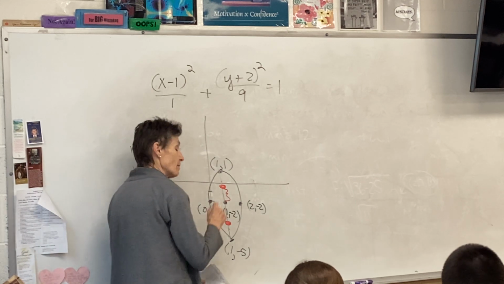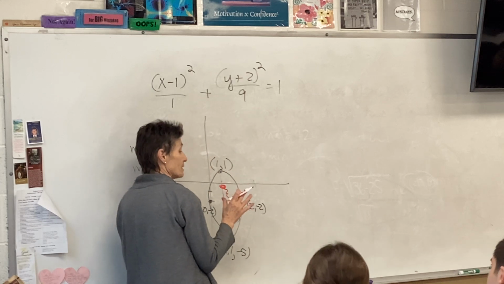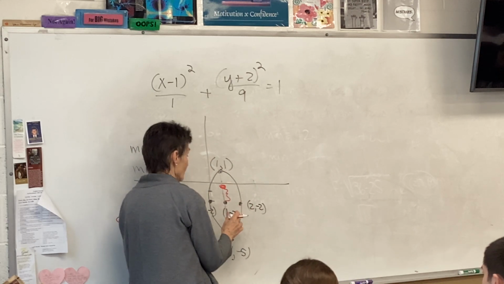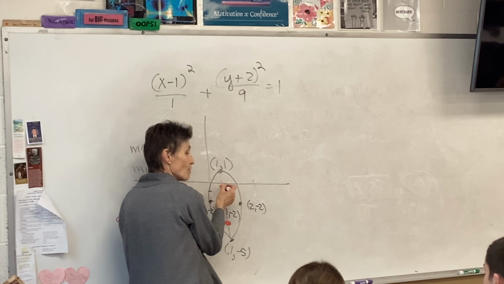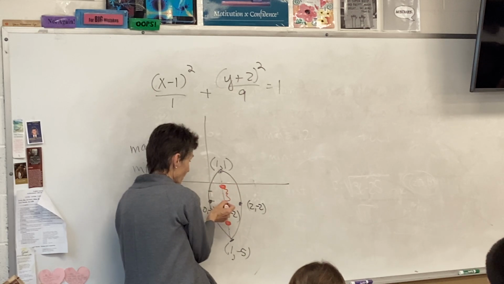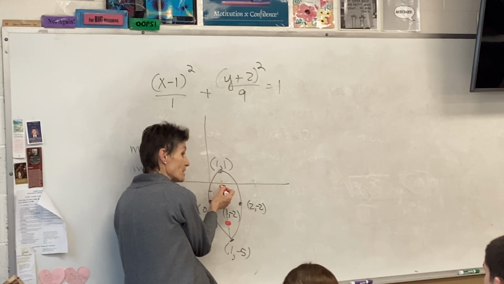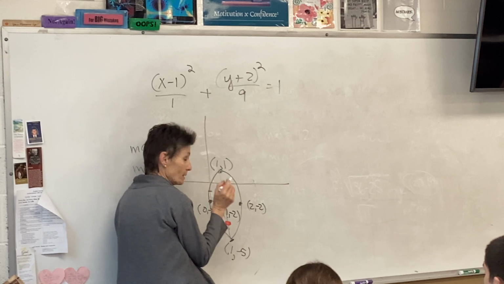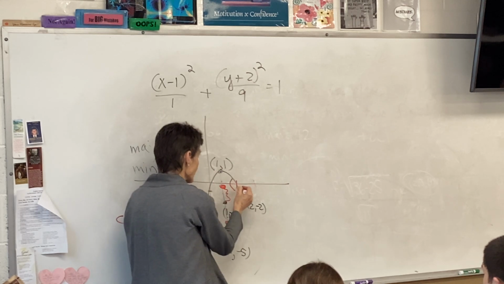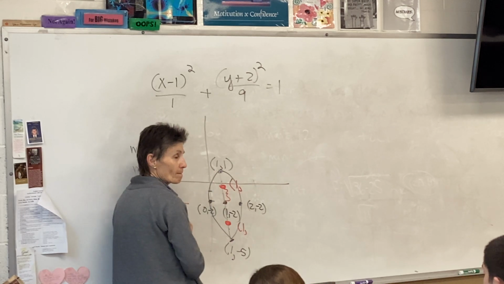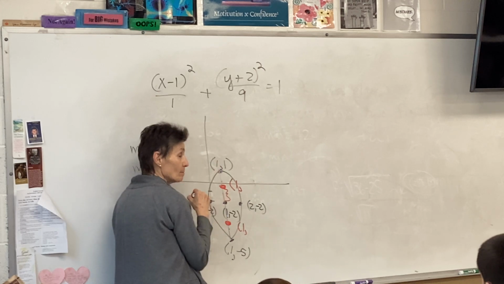Now this is where if you just stop a minute, it is so simple. I'm going straight up. Here's my center. I'm going straight up. If I'm going straight up, which coordinate is changing if I'm going up? Y. So the x is going to stay the same if I'm going up and down.